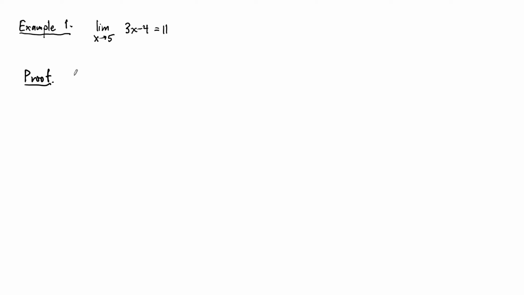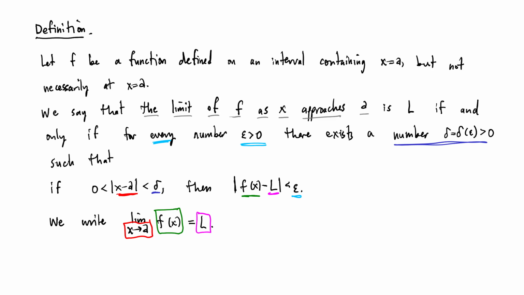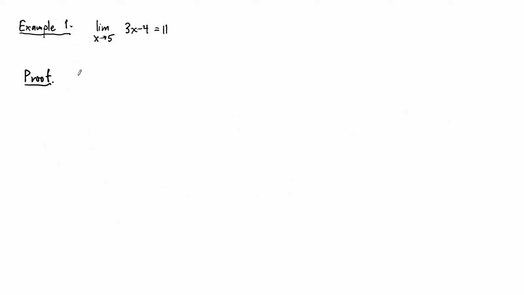Okay, so remember that the first part of the definition says that whatever we do has to be true for every epsilon greater than 0. So the first step of our proof is going to be to fix this number epsilon greater than 0. Then we need to determine the delta for which this is true. And the delta is going to depend on epsilon. It's going to be different for every choice of epsilon.